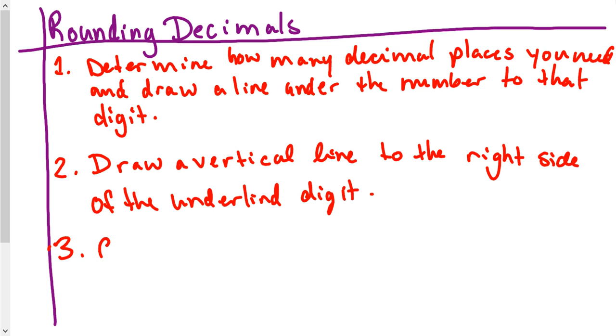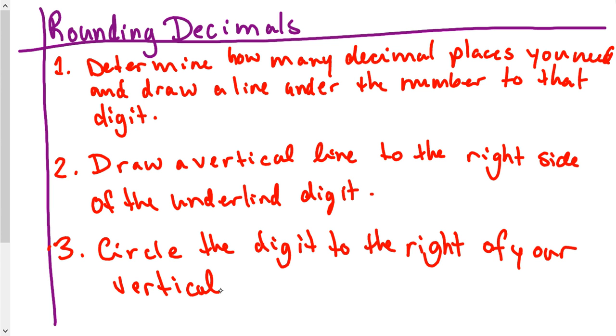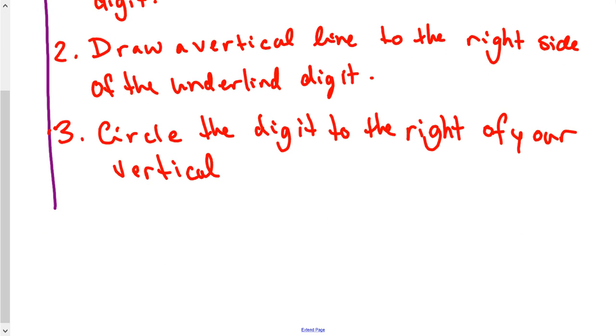Three, circle the digit to the right of your vertical line. Now this is the general step for decimals and whole numbers, but this is kind of where it gets different. So I'm going to put like a little marker here, decimal.